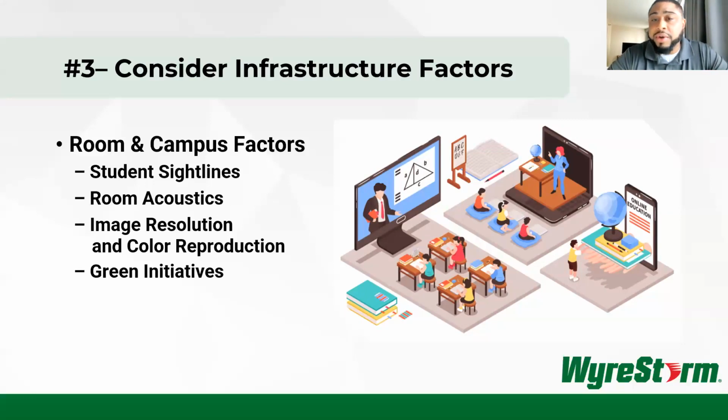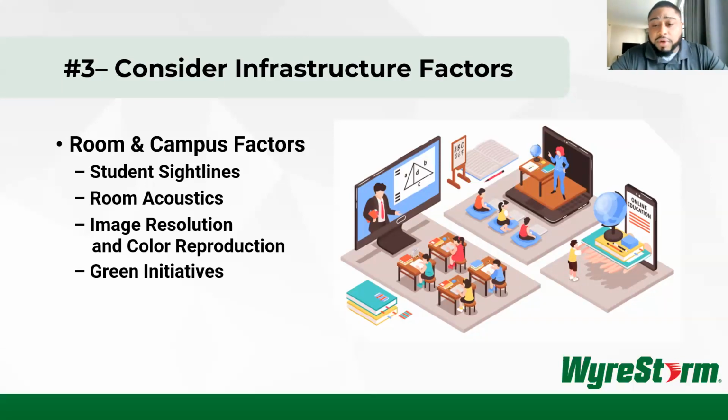The other thing to consider is the green initiatives. So this is when we get into meeting those specific standards that the universities may have, to make sure that you are in alignment with the goal and the mission for the green initiatives on your specific campuses.